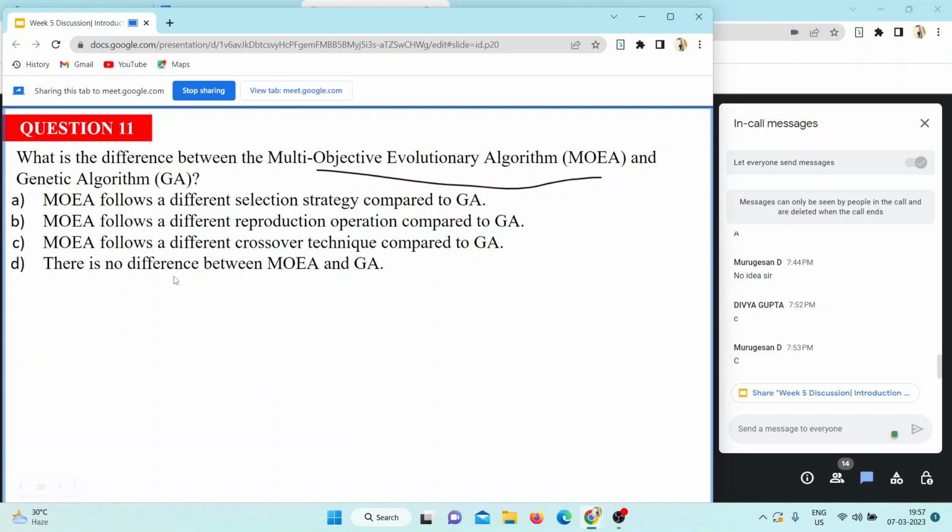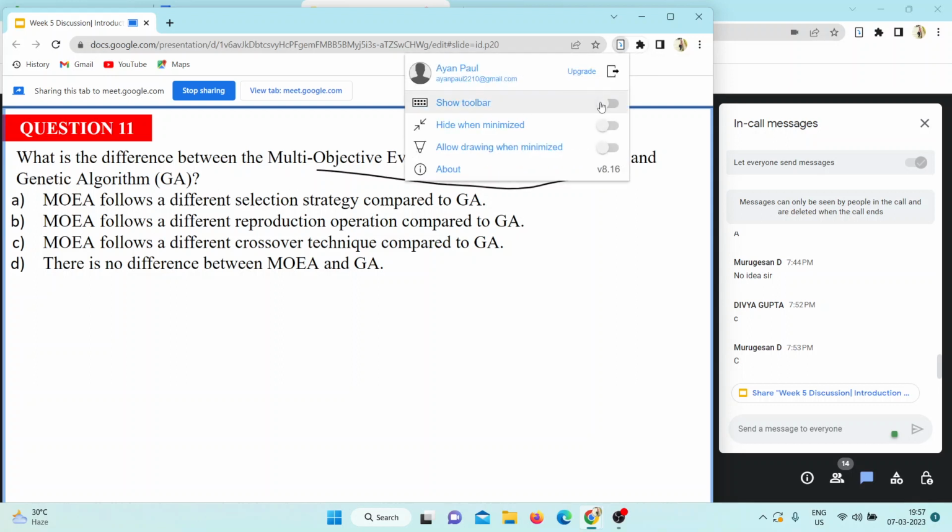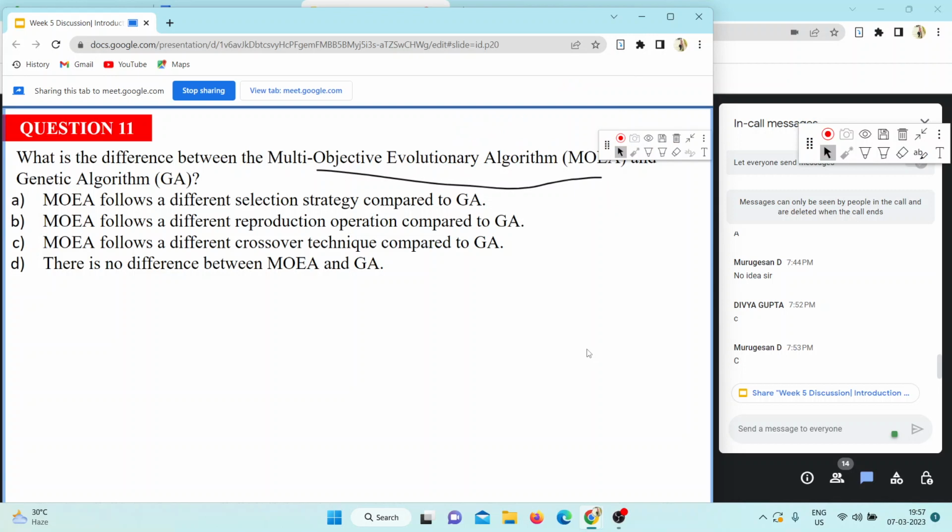C: MOEA follows a different crossover technique compared to GA. And D: there is no difference between MOEA and GA. So what is the difference between MOEA and GA? Any guesses for this question?